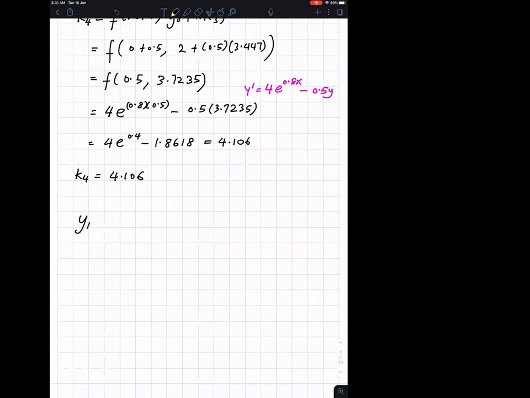So now you evaluate your Y1, plug everything in. The Y1 formula, you remember still? Y0 plus H over 6, K1 plus 2K2 plus 2K3 plus K4.